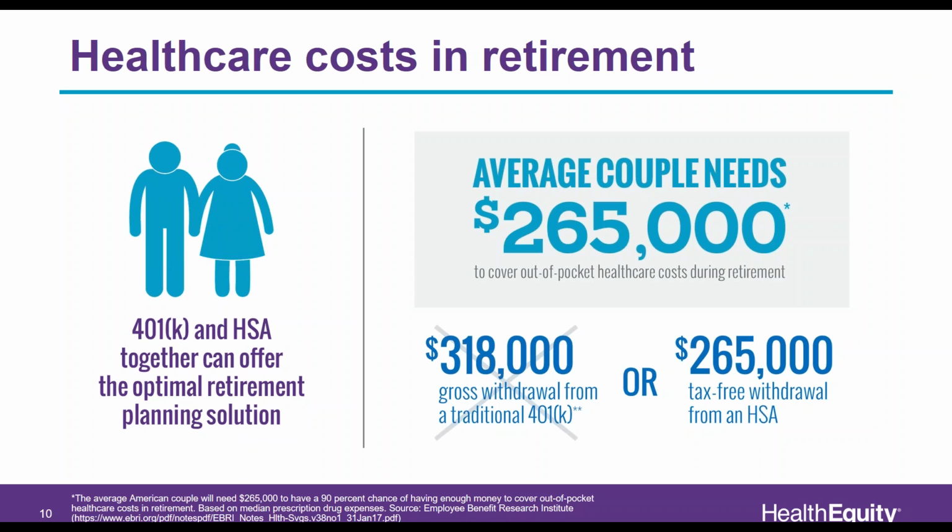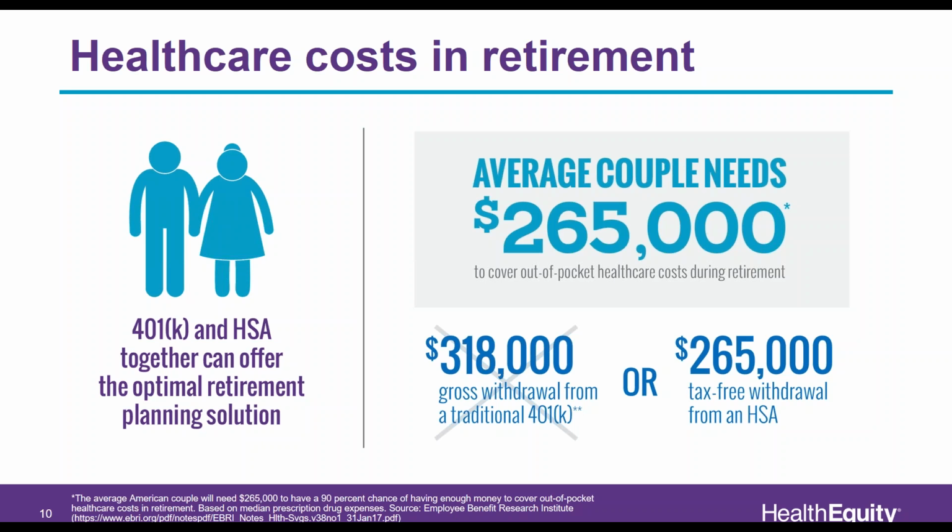And then I was addressed with the fact that with my traditional 401k, I'm going to have to be paying taxes on those dollars. If I were to take $265,000 out of my 401k, that gross withdrawal is going to be $318,000. That's a difference of $53,000 that you're just paying in taxes alone.